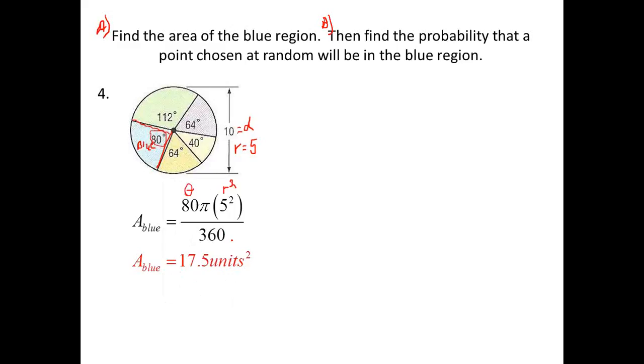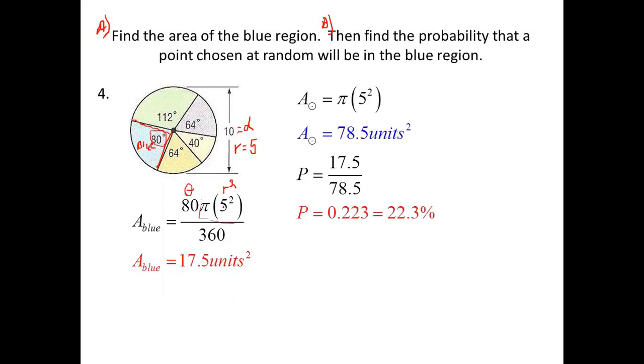Now, in order to find the probability, I need the area of the whole circle, which was this part right in here, and do the percent. Again, with the percents or the decimals, I'll give you a little bit of leeway on this last one. If you want to round up, some of the times the book left it as just 2. Some of the times they went to 3. Just to play it safe, I went ahead and stayed with the 3 decimal points when I change it to a percent.